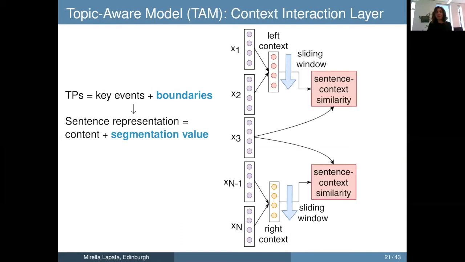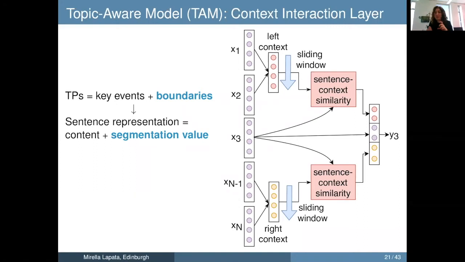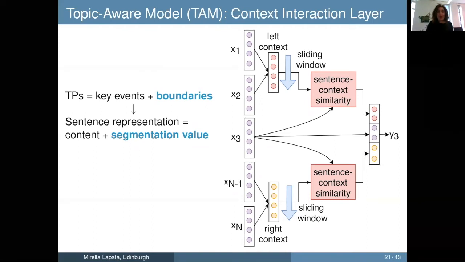Once I encode the left and right context, I will estimate the similarity between the left context and my X3 sentence, and the same for the right context and my X3 sentence. I will take these similarity values and concatenate them with my representation of X3. So this tells me the context is similar or different, and then I will use this enriched representation to make this prediction. And this is the context interaction layer, which is a fancy term for telling you that I am taking the similarity of the current sentence with its neighboring sentences into account.